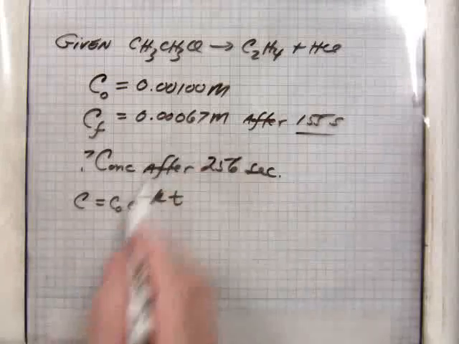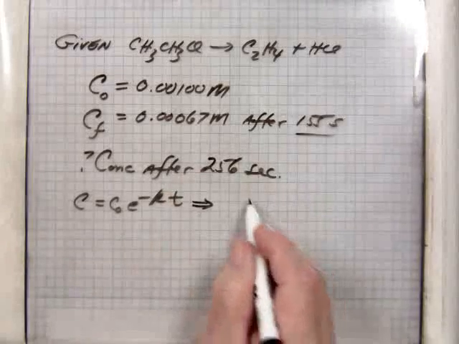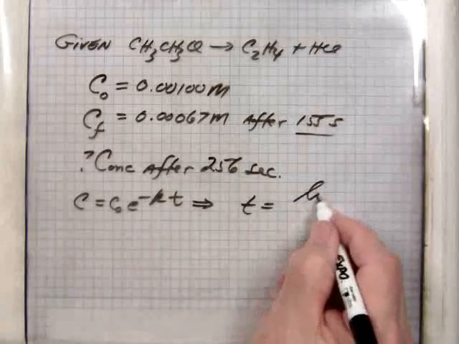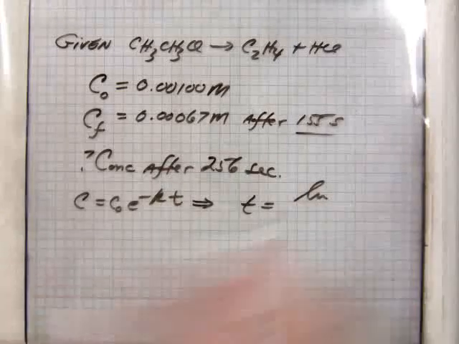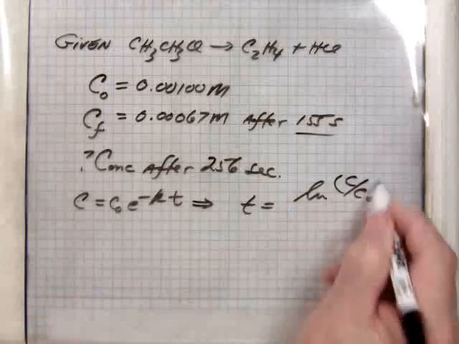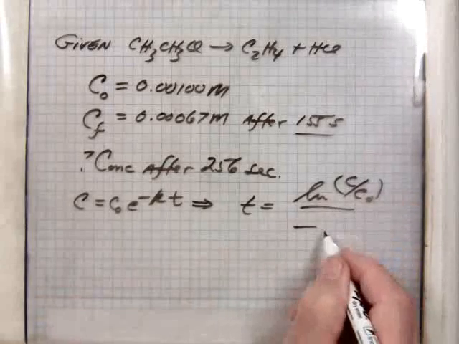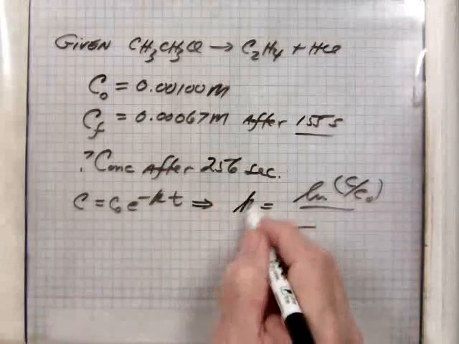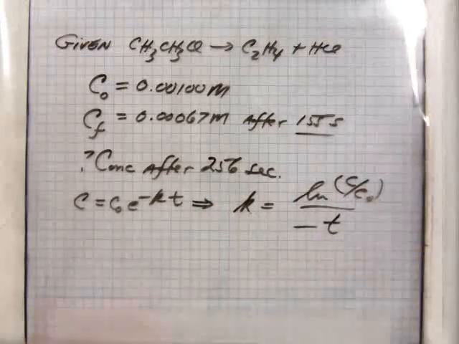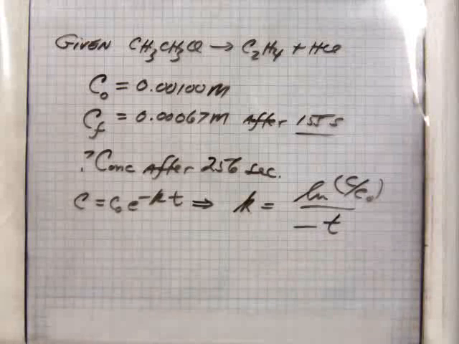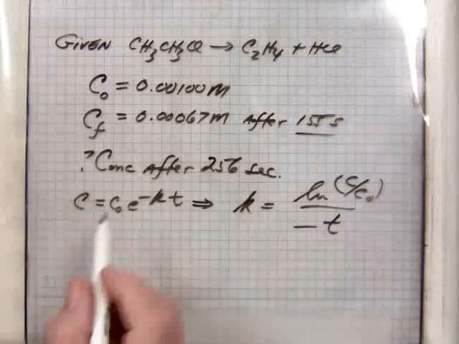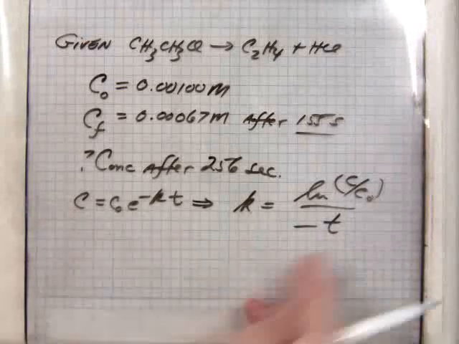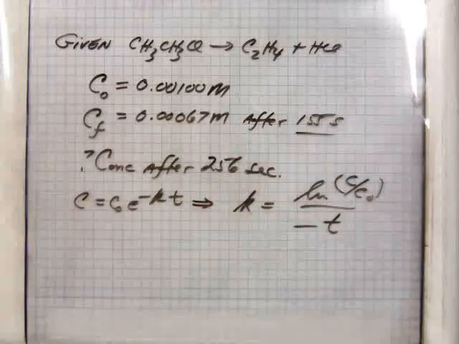And so what this actually works out to is time equals ln of C over C sub O, divided by minus K. It will change into that if you take the logarithm of both sides, and you can reduce it to this expression.